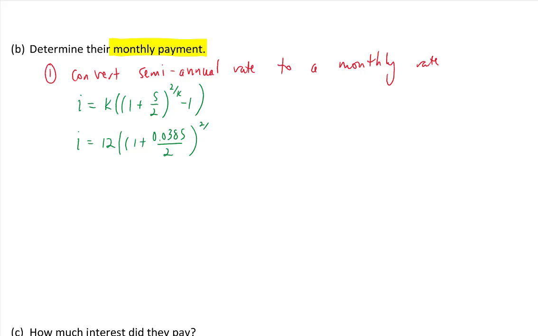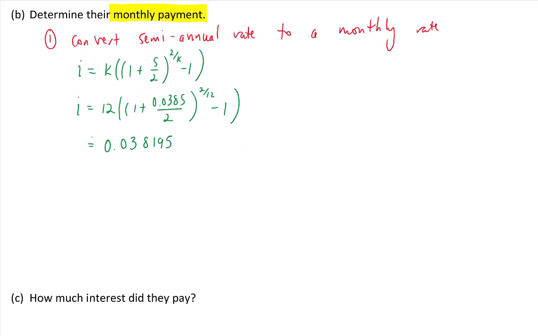And then to the exponent of 2 over 12 minus 1. And when you put that into your calculator, you end up with an equivalent rate of 0.038195. So this is the equivalent rate per year compounded monthly.